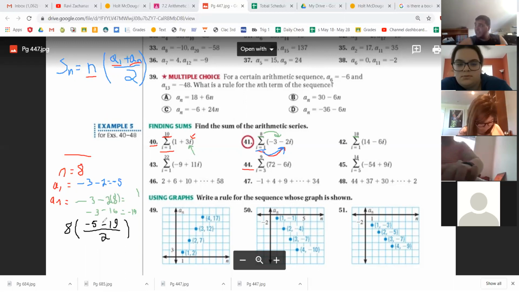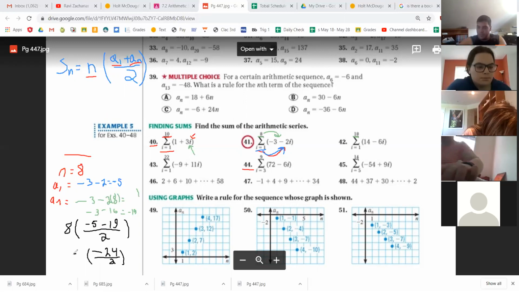Let's do the top. -5 minus 19 is -24. So 24 times 8. You could do it like that. Or you could do -24 divided by 2 first. Because 24 is even, it might be easier. So 192 divided by 2. Yes. 192 divided by 2. Regardless which way you do it, you should get 96.